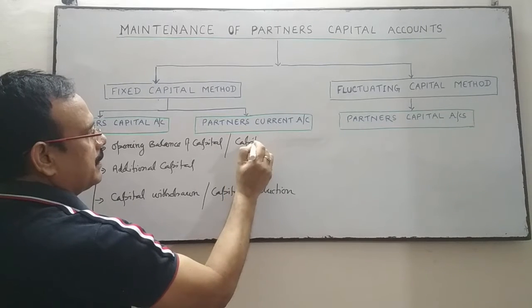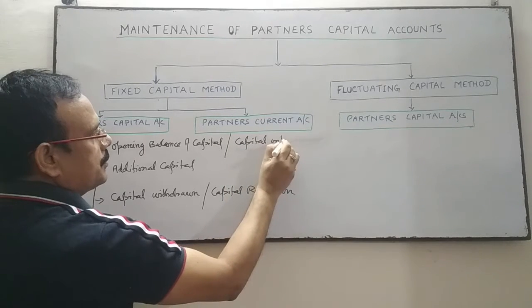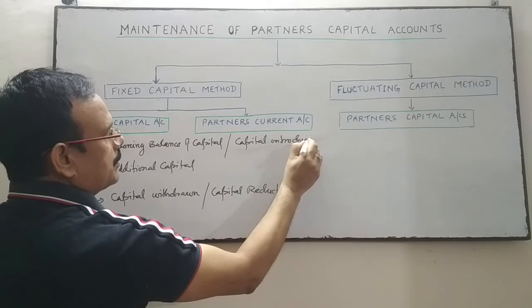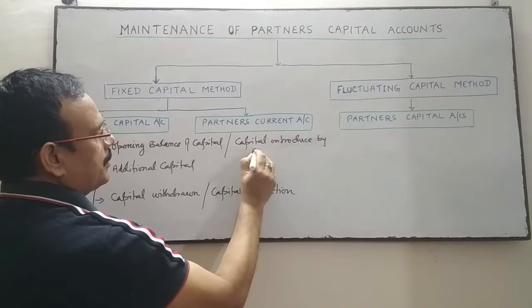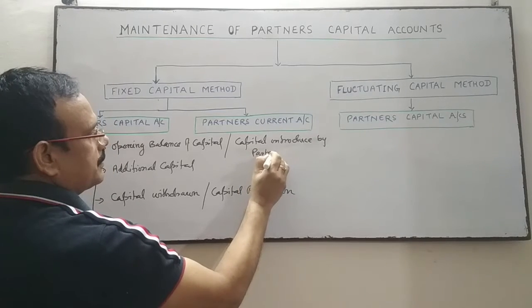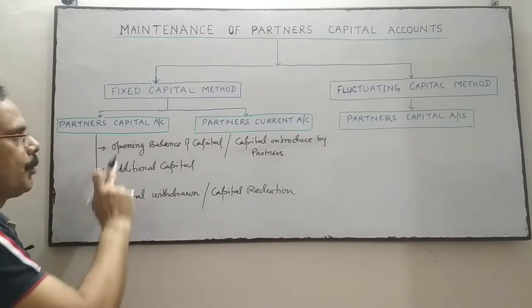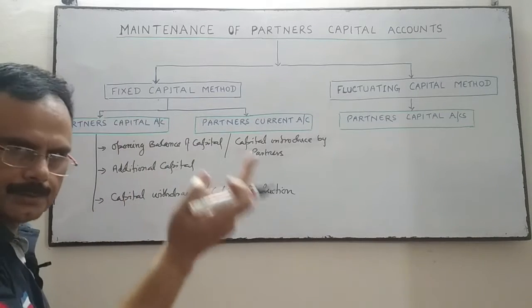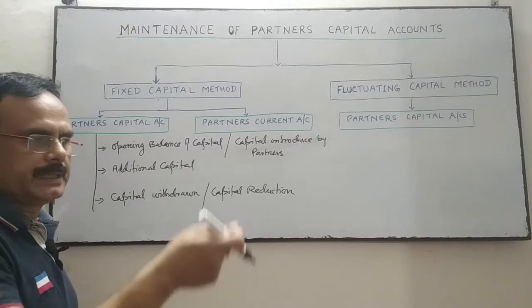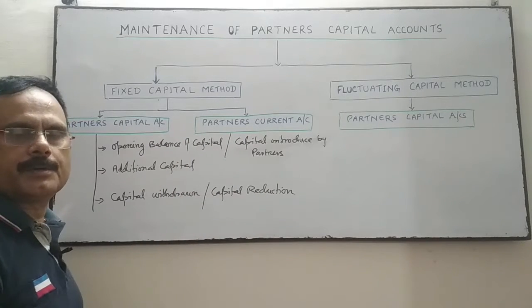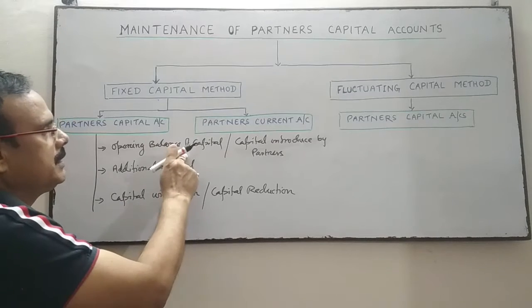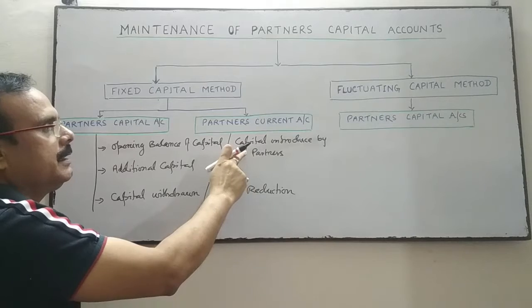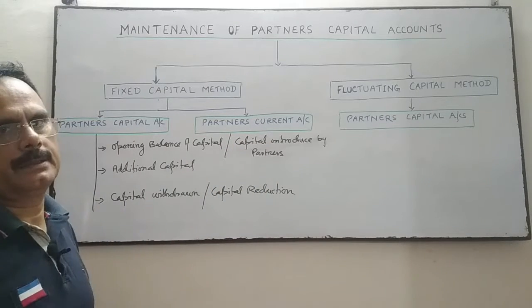Capital introduced by partners. So opening balance of capital if the business has carried on for many years, meaning we have brought down the last year's capital to this year, or if the business has started this year, then capital introduced by the partner.